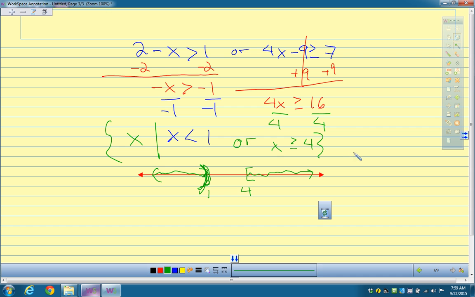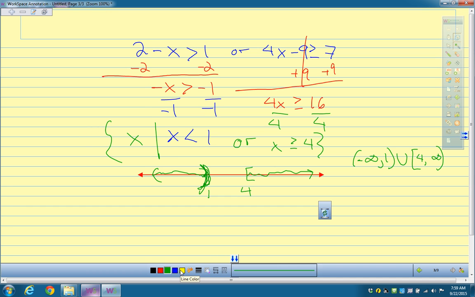To write it in interval notation, it would look like this. Negative infinity up to 1, curvy bracket, union of square bracket 4 up to positive infinity. Do you guys understand what I just did?